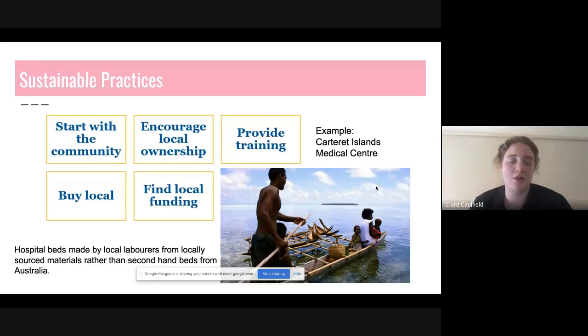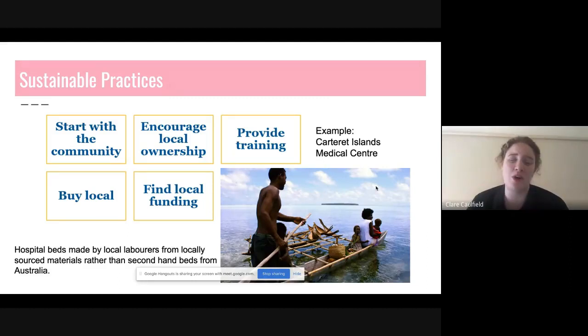So initially our project plan was to collect hospital beds at Donations in Kind and then ship them to Papua New Guinea and then try to get them onto the Carteret, the smaller island off the coast of Papua New Guinea where the Carteret Islanders are moving. But that presented a lot of challenges, and it also isn't particularly sustainable, because we could get local labourers to build the beds.